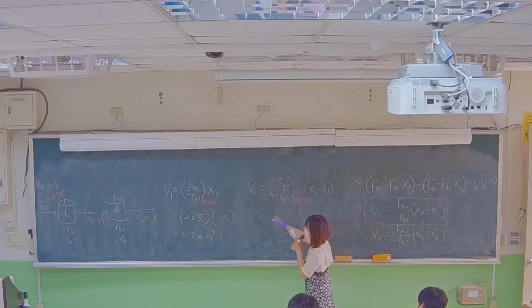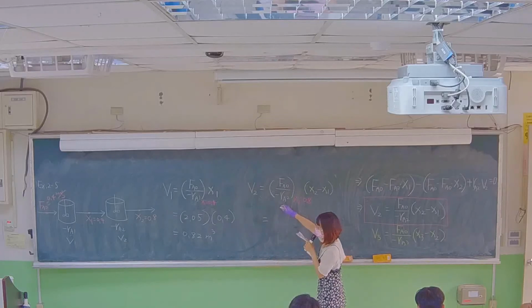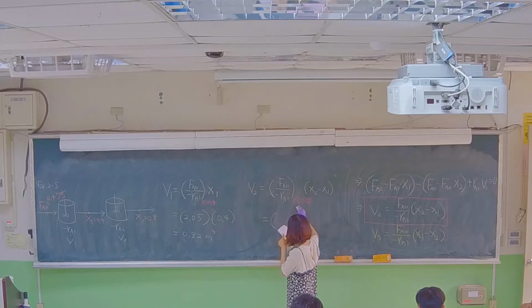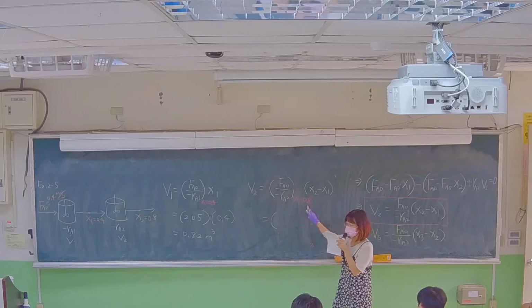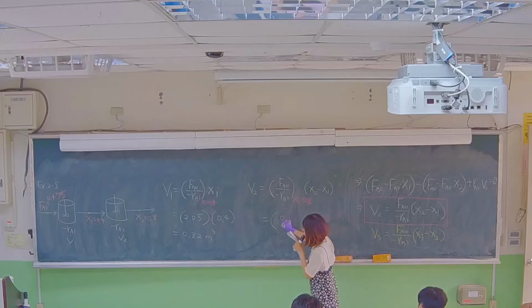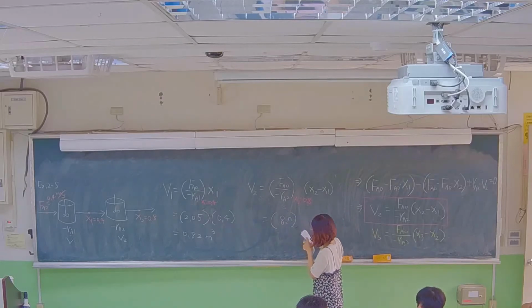So use this one. You got this from the table, right? From the table at a conversion equal to 0.8, this value is 8.0. Let me put a full number here.